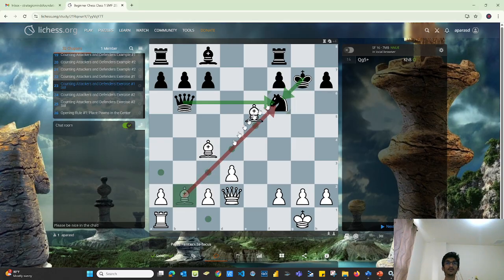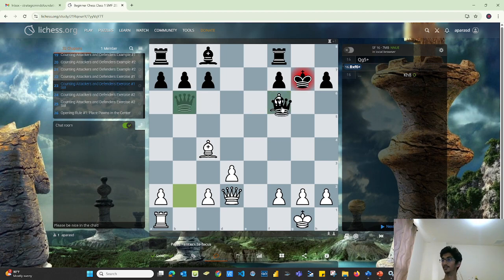For example, if we were to take the knight, then black would, for example, take with the queen, and then it's perfectly fine because white lost a bishop and black lost a knight, and they're both worth 3 points. So they both lose the same amount of points, so it's a fair trade, even though there are fewer attackers than defenders.